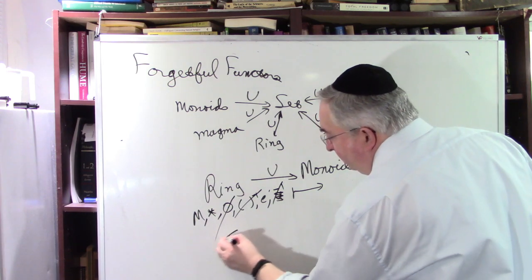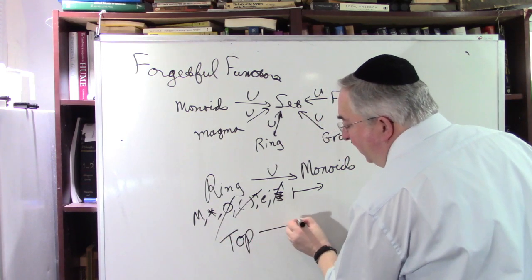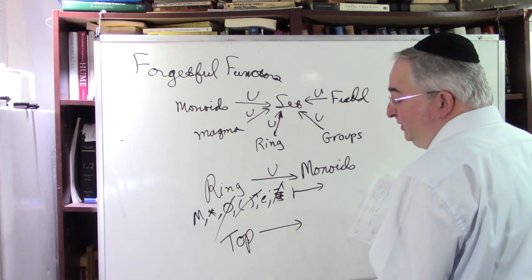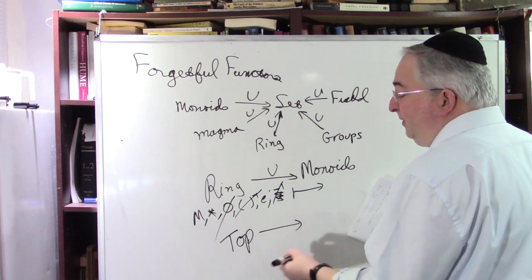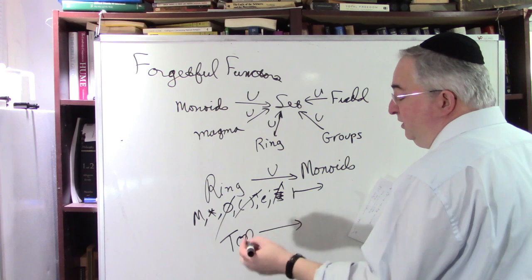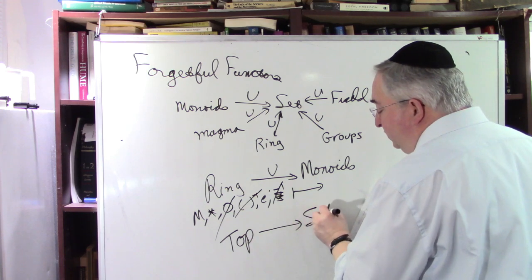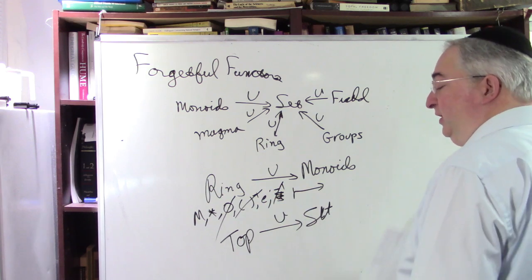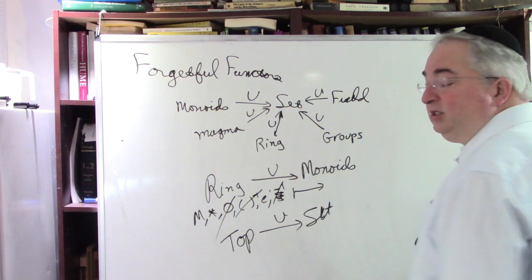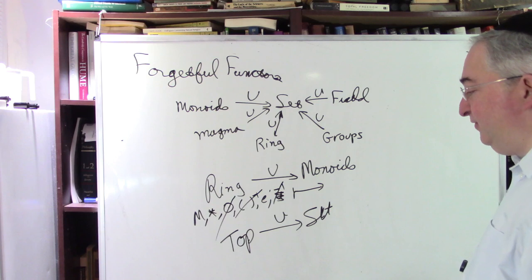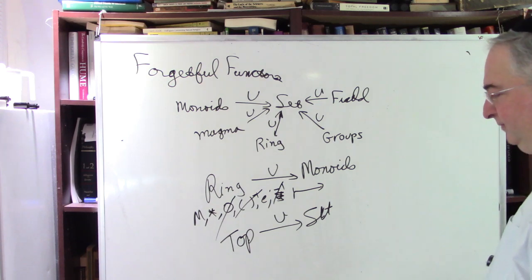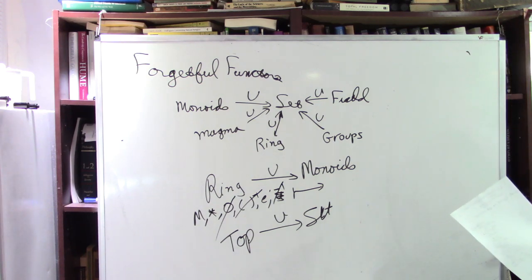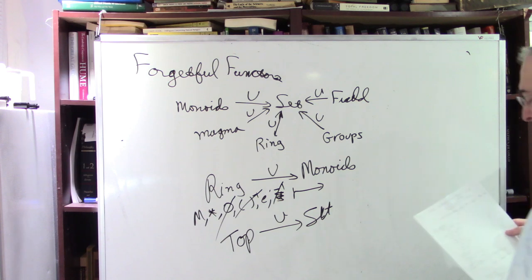For example, what's a topological space? It's a set of elements with a topology. What's a topology? It's a way of talking about what's near and what's not. Well, guess what? You can forget about the topology, and then you just get a set. So this is the underlying set of a topological space. Okay, great.